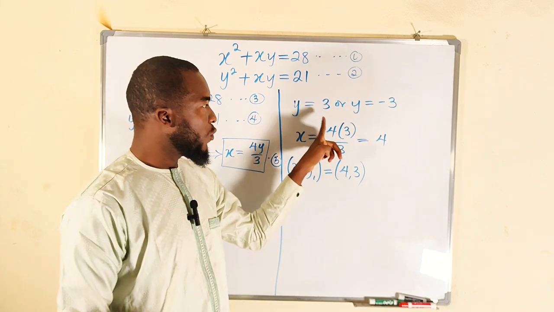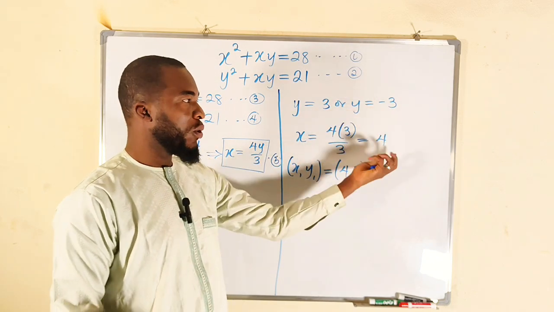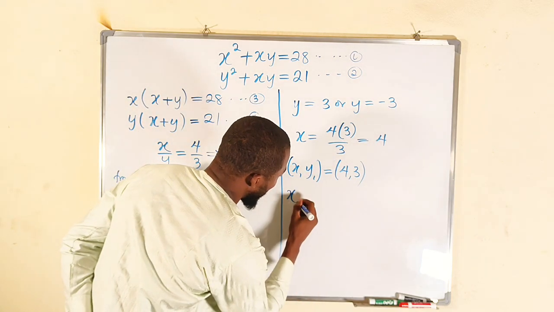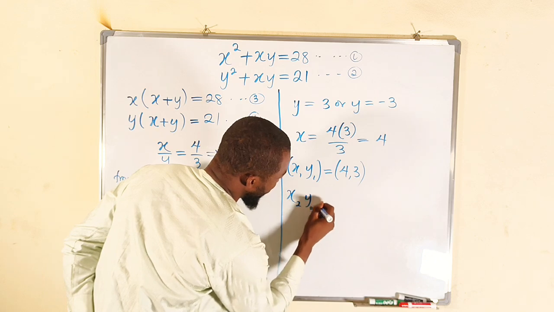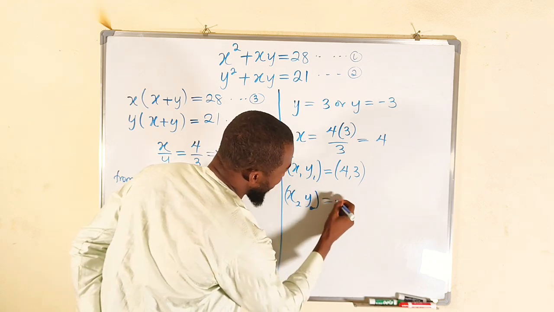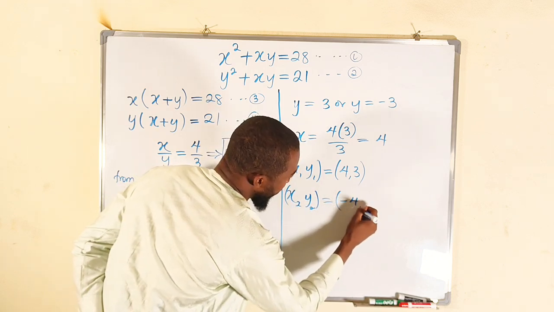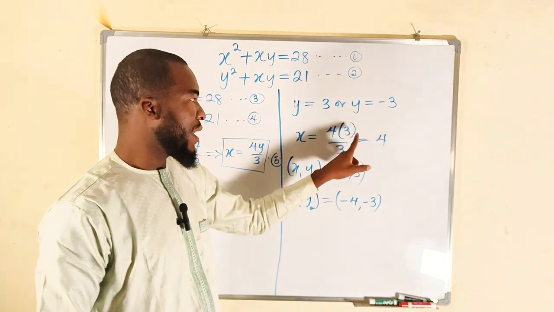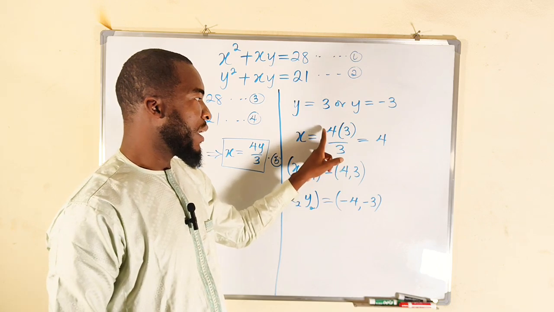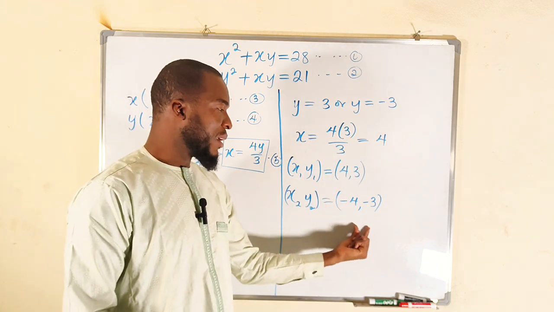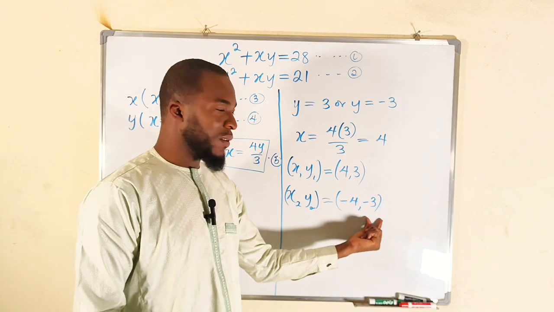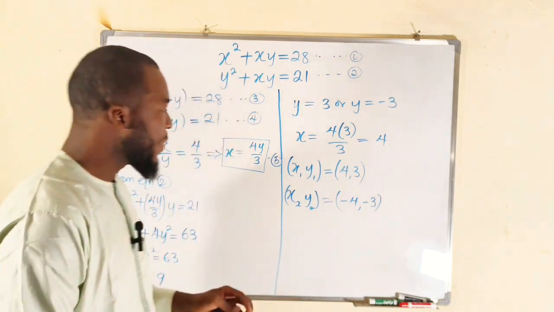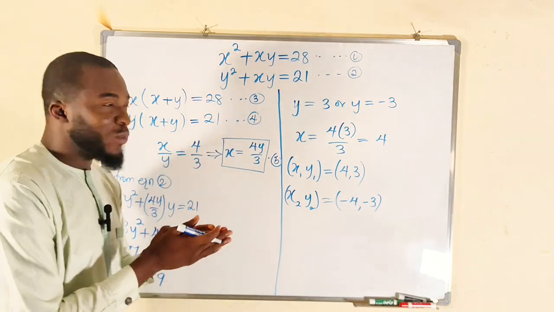Once you replace y here with -3, we are going to obtain -4. So we have x2, y2, which only have a difference of sign: -4, -3. Because the moment you plug in -3 here, you have -4. So x is -4, y is -3. And x is +4, y is +3. These are the pairs of solutions we have.